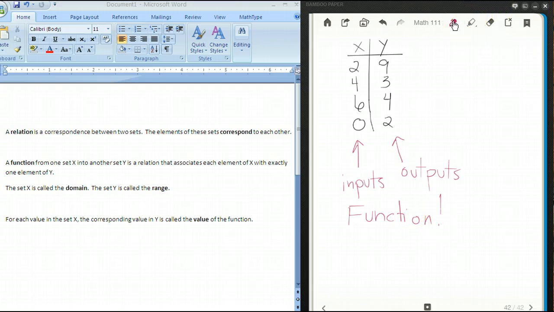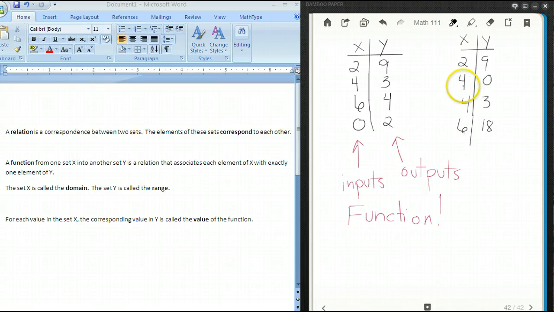But let's observe a relation in table form which is not a function. These ones are pretty easy to pick out. Let's say 2 goes to 9, 4 goes to 0, 4 goes to 3, 6 goes to, how about 18? Doesn't even matter. Does this relation represent a function? Again, what are we looking for?